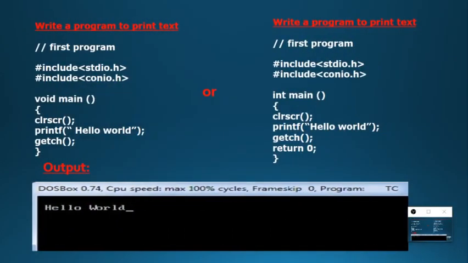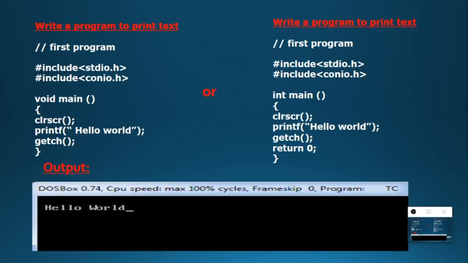I have taken two simple programs to make you understand how our basic program runs. The two programs give a common output. On the left side I have taken void main, and on the right side int main, because a lot of people are confused between void main and int main. When you write void, it means it returns null, so it doesn't need to return anything.